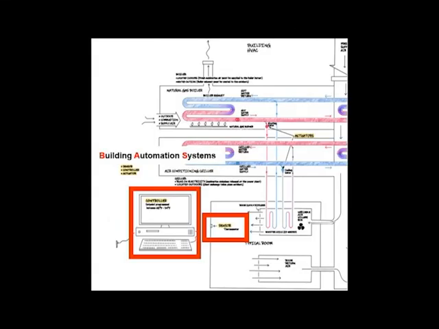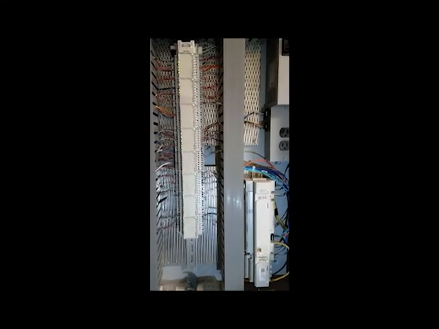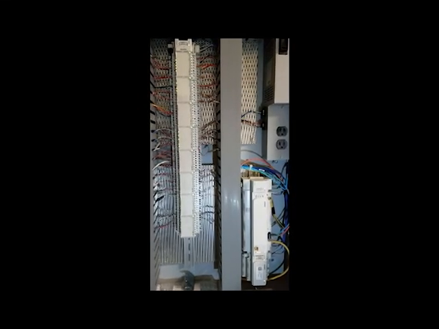In this case, the controller has been programmed from a computer with high and low temperature set points. If the temperature goes above, or in this case below set point, the controller activates an actuator to raise the temperature.